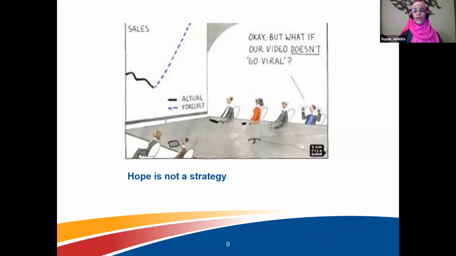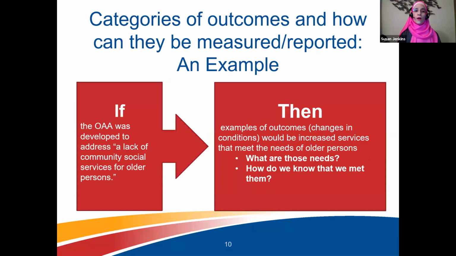We hope, we have a theory maybe, that if we offer these services, individuals, communities, family members, they're going to be better. But without measuring it, it really is just hope, and hope is not a strategy in and of itself.